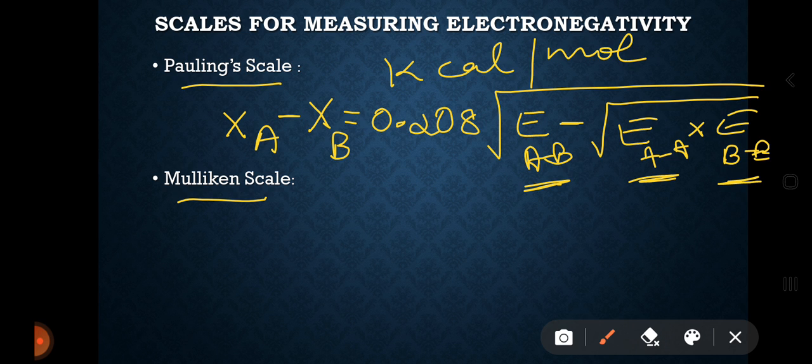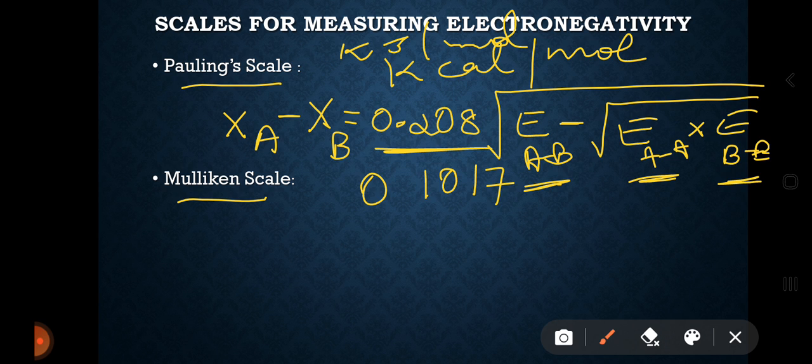If in the question you have got the unit in kilojoules per mole, you have to change this value to 0.1017.